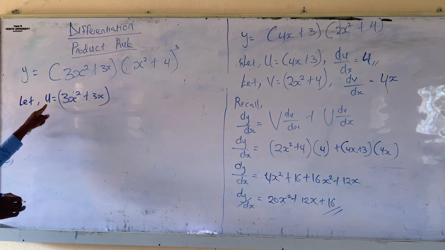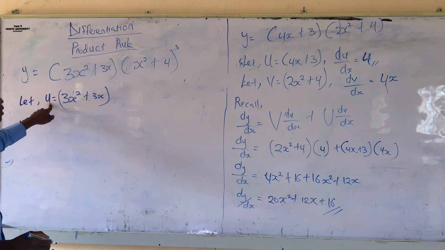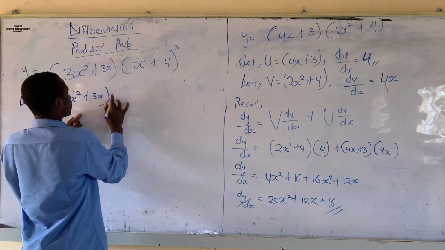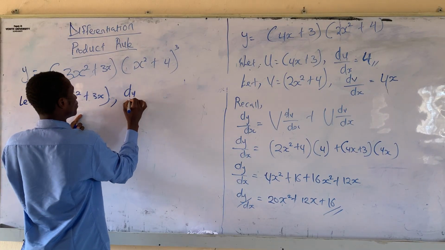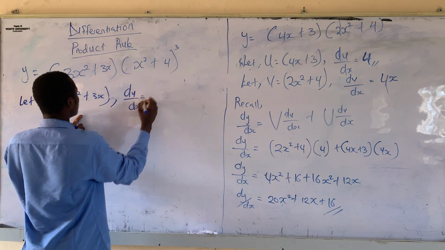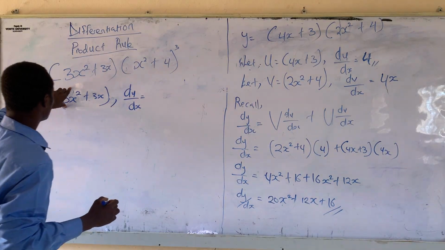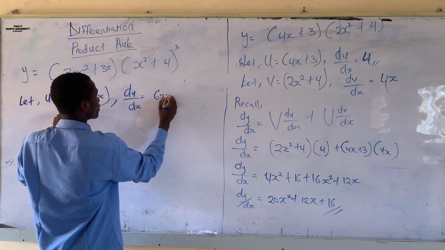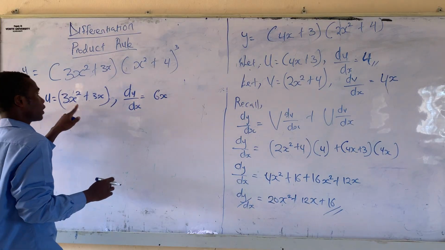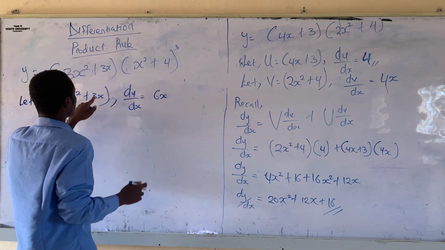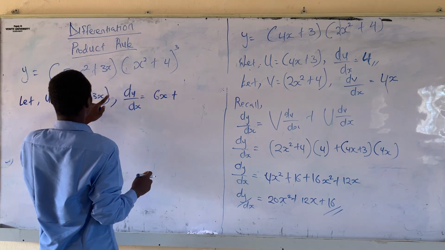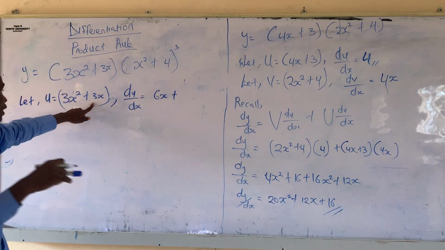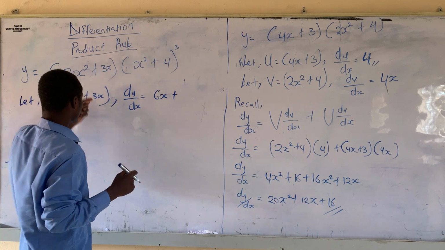Then if we differentiate u with respect to x, this becomes du over dx, which is equal to 2 times 3, which is 6x. 2 minus 1 is 1. Then plus, whenever you are differentiating a term with x, it gives you back the term.